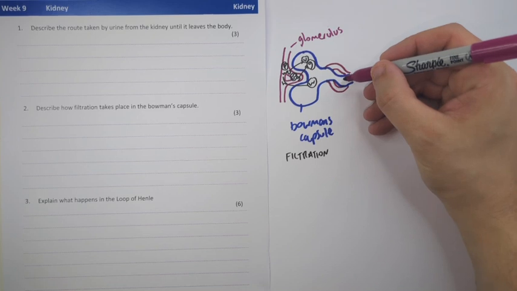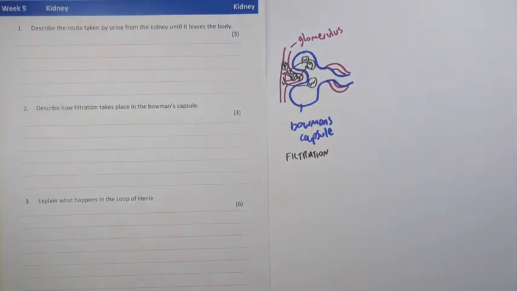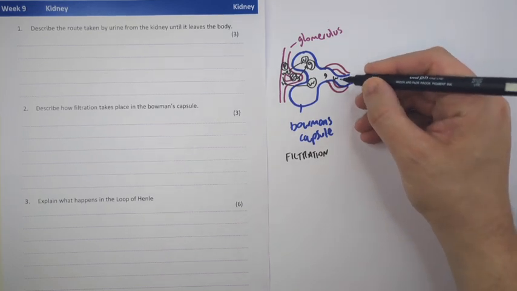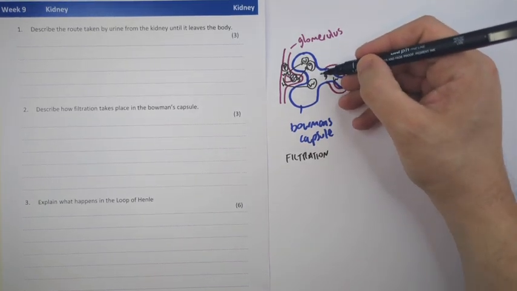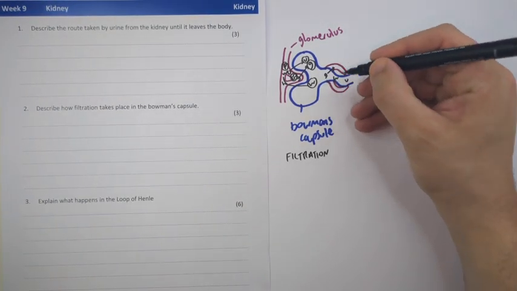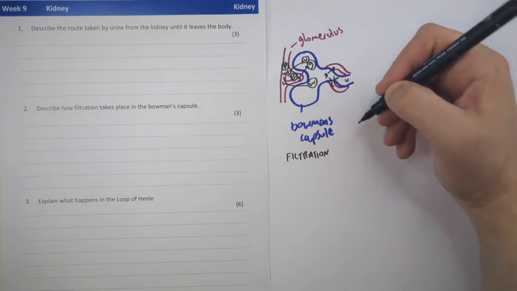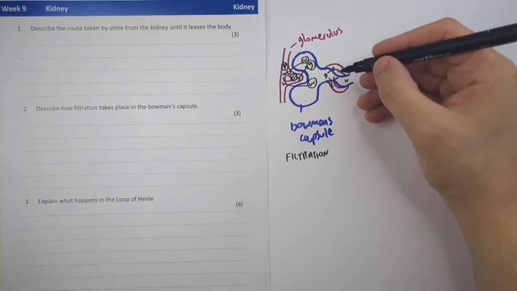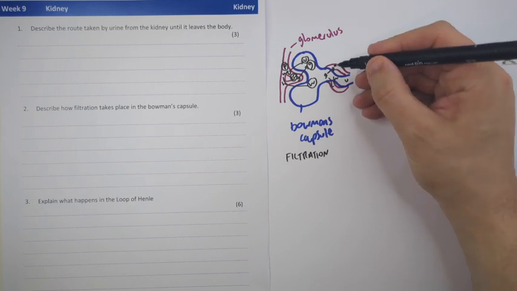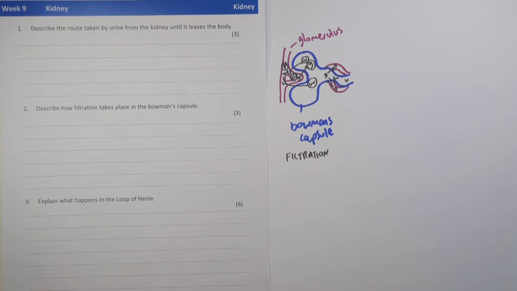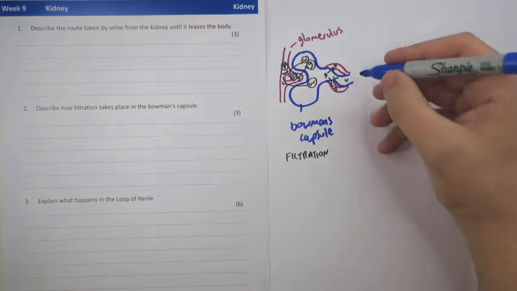The glucose, water, and urea now travel through the first convoluted tubule, and this is where glucose moves back into the blood. It's transported back into the blood by active transport.